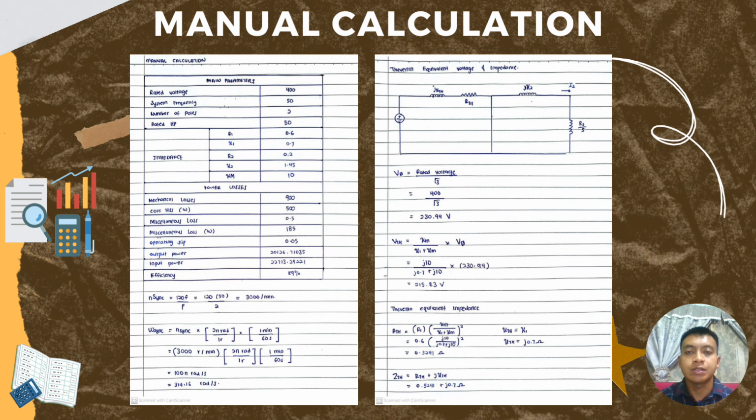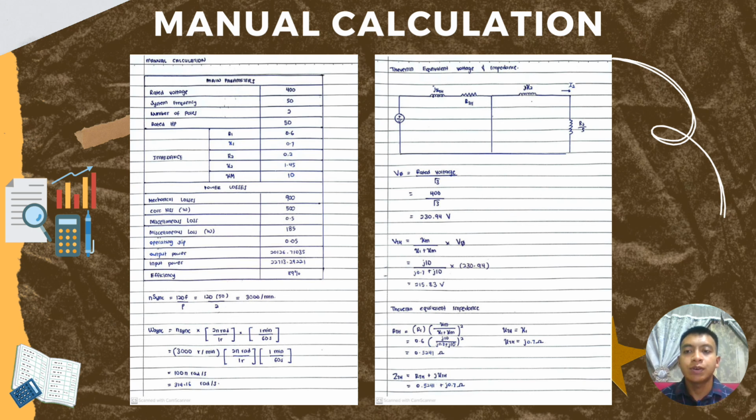Next, manual calculations. The table shows our selected data for the main parameters. First of all, we need to find the synchronous speed. The formula of synchronous speed is 120 times the frequency over P, which is the number of poles. So 120 times 50 over 2, and we get the answer of 3000 per minute.